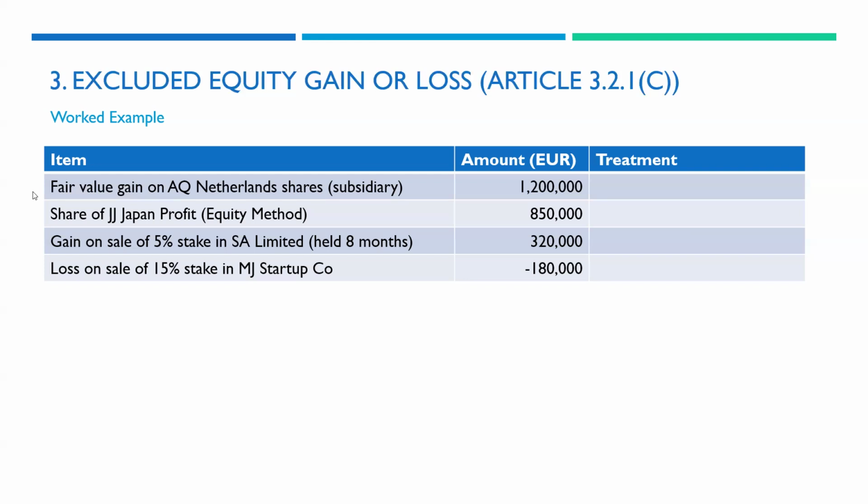Now let's assume that loss on sale of MJ Startup, let's say this is also a 5% stake. What would I do? I will add back. It's just pure reversal. What is so confusing about that? It was already included in globe income. Deduct it.